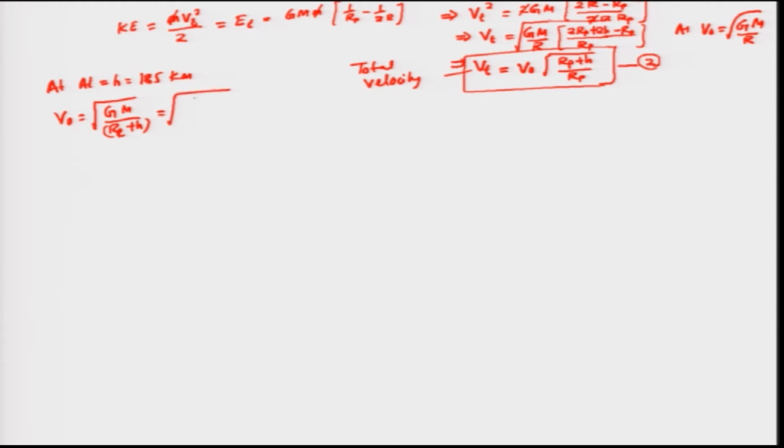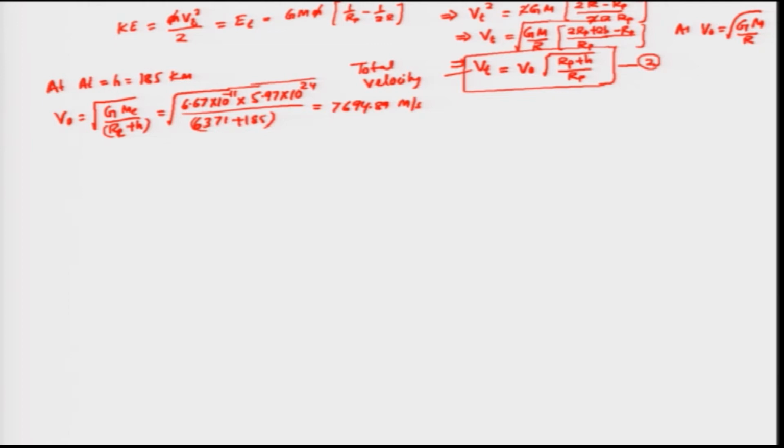So, if I substitute the value, G we know is 6.67 into 10 power minus 11, into the mass of the earth, which is 5.97 into 10 power 24, divided by the radius of earth 6371 plus 185, and you will get something like 7694.89 meter per second, or it will be approximately 7.67 kilometer per second.